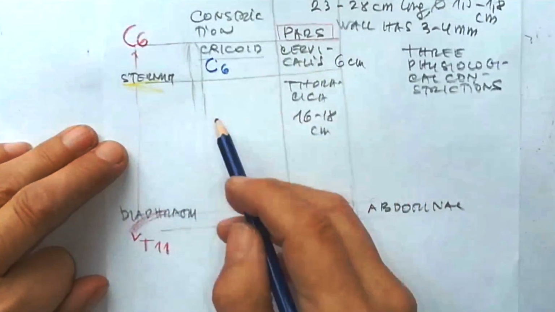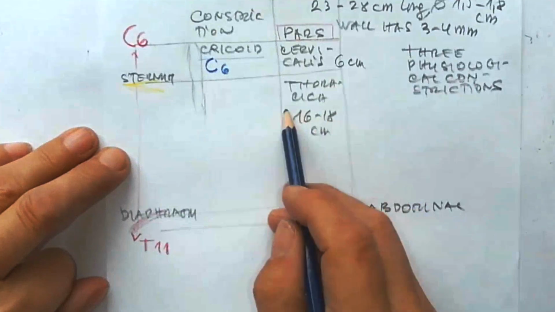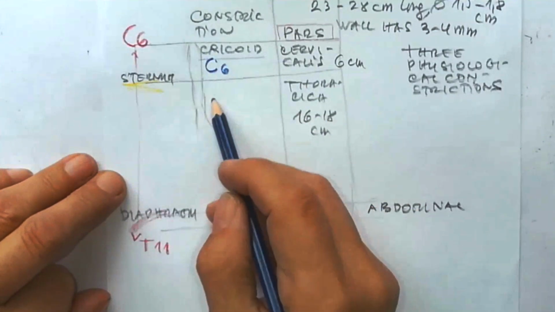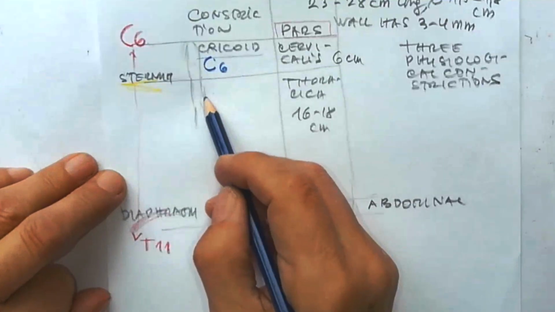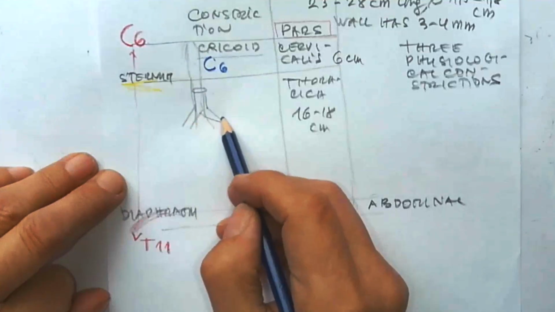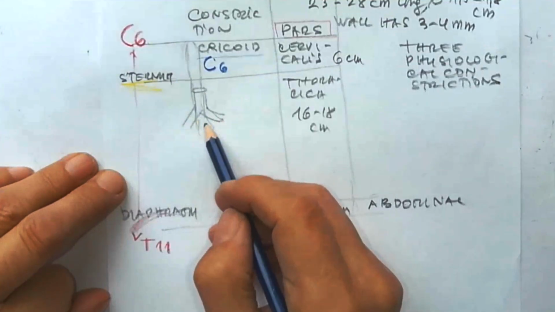and then we are at the level of approximately T4, where in front lies the trachea, dividing into right and left bronchus.